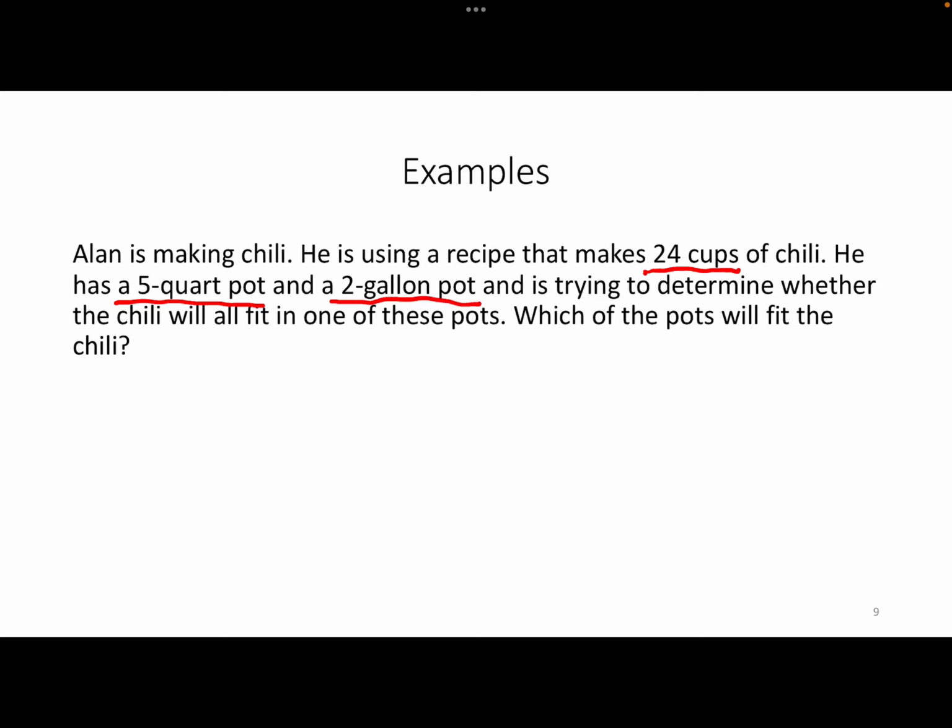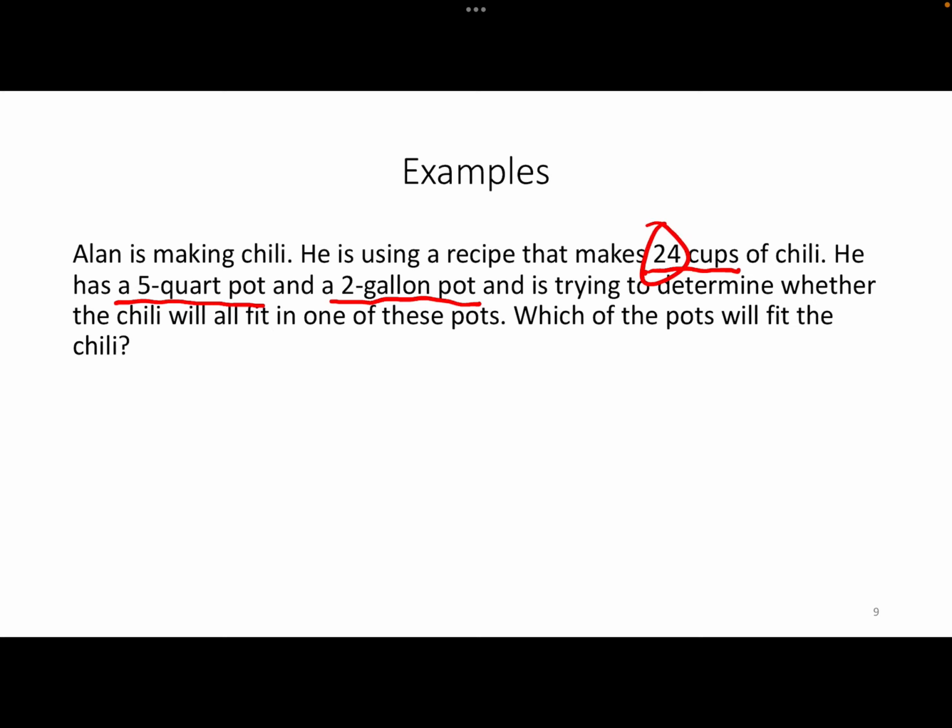Which of the pots will fit the chili? So in order to answer this question, we have to see the 5-quart pot is equivalent to how many cups, and a 2-gallon pot is equivalent to how many cups, and see whether that can hold the 24 cups of chili or not. That's the idea. Does that make sense?